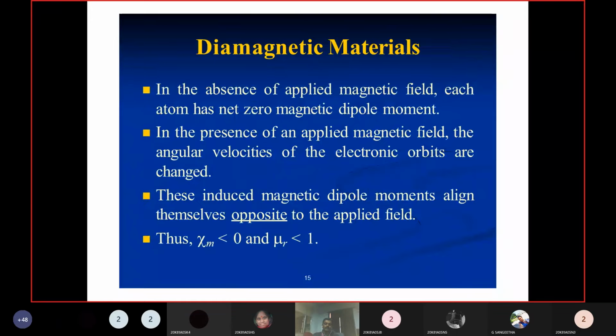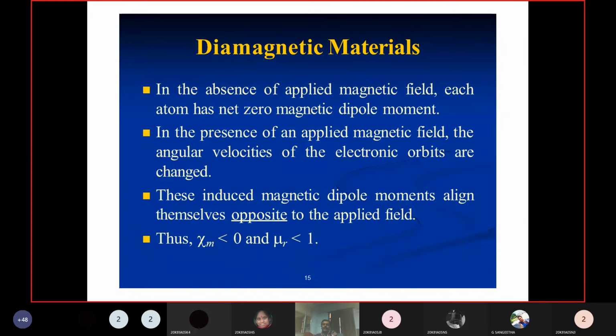So first of all we will discuss the diamagnetic material. In the absence of an applied magnetic field, each atom has a net zero magnetic dipole moment. Previously we discussed that in a ferromagnetic material, each atom acts as a magnetic dipole and there is a resultant dipole moment.